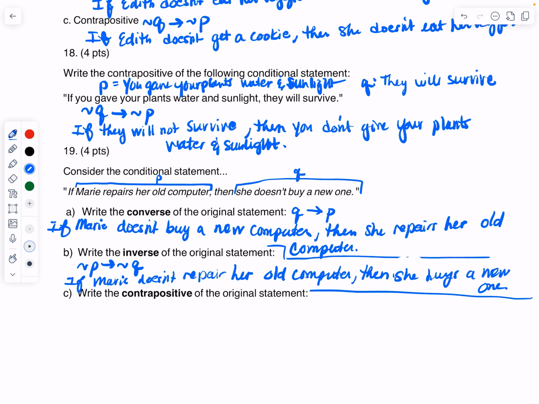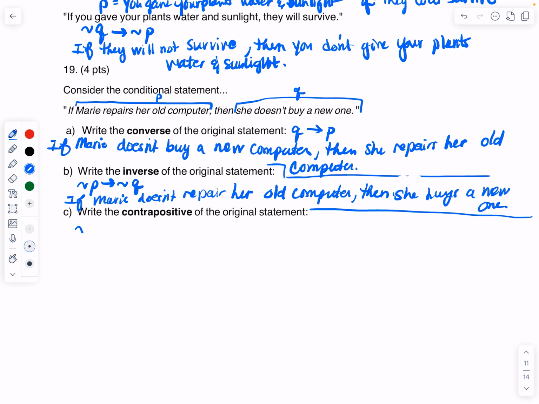Okay. And finally, we have to do the contrapositive, which is negation Q, then negation P. Okay, negation Q is Marie does buy a new computer. Then, and again, I'm going to put the word if in front of Marie.